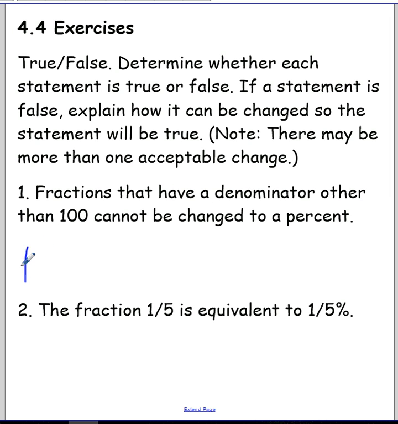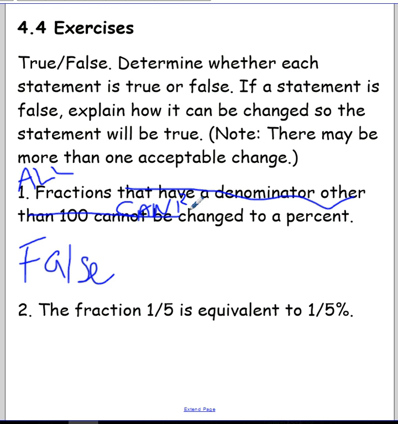That is false, because we just looked at some examples where we had fractions that didn't have 100 as the bottom. We know we can just divide the top by the bottom. So let's say all fractions can be changed to a percent.